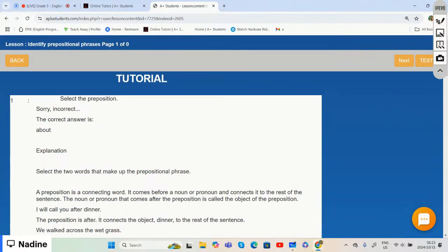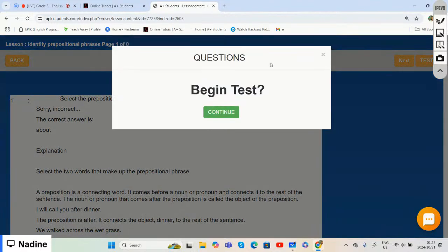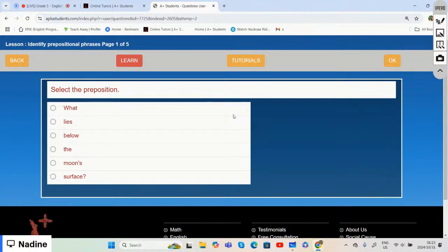All right, so now let's go to our test. We need to select the preposition within the sentence. Is it option one, what, or lies below the moon's surface?